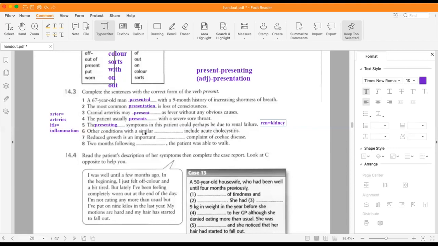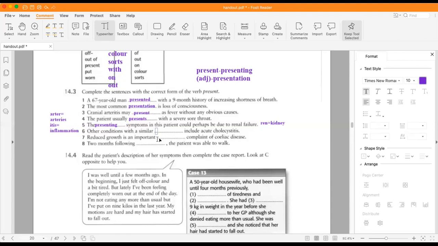Other conditions with a similar what include acute. Acute means for a short time, and cholecystitis means inflammation of the gallbladder.